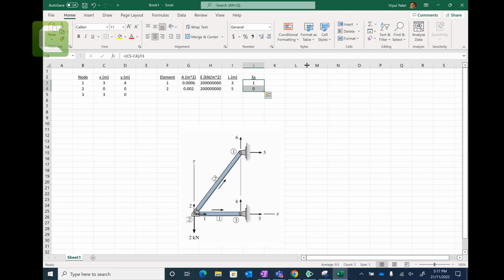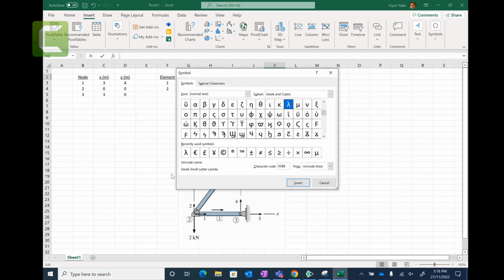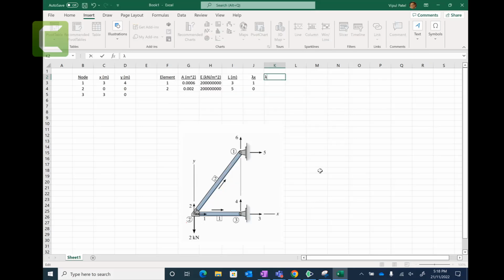Similarly, you can just get it here. Insert symbol. We already got this. We got this lambda y, and lambda y. And similarly, you remember this story here.